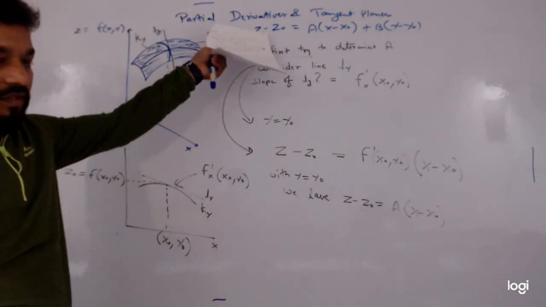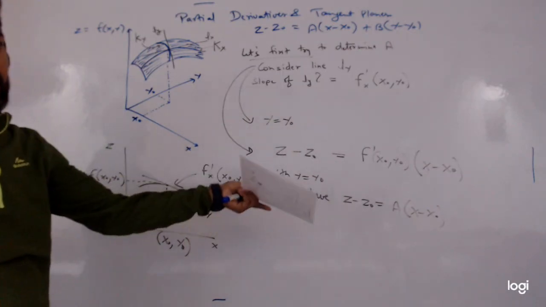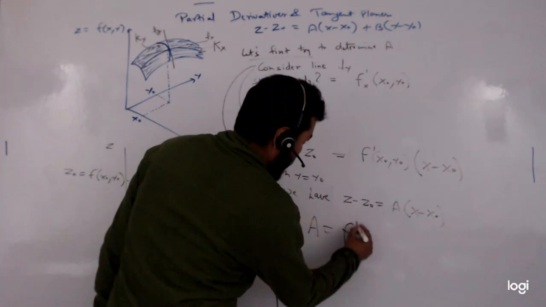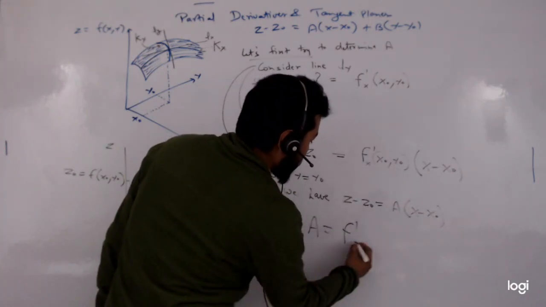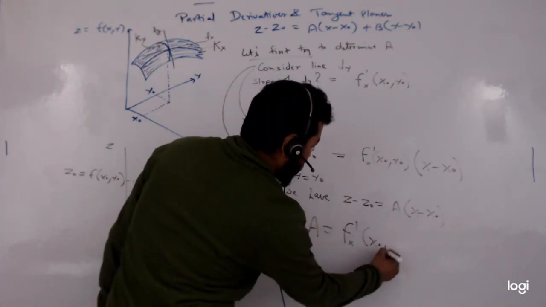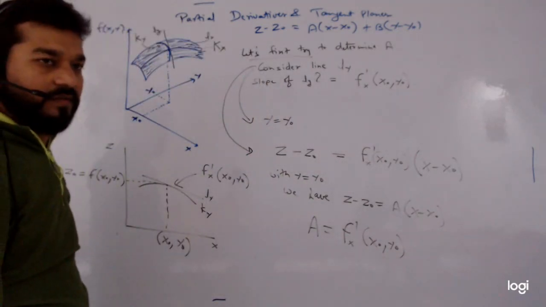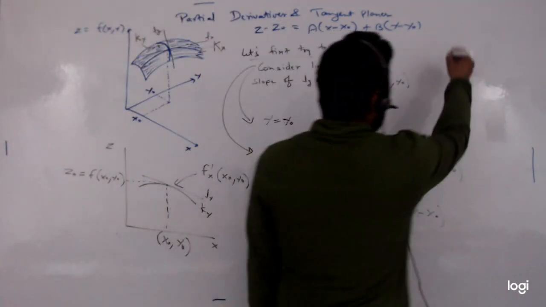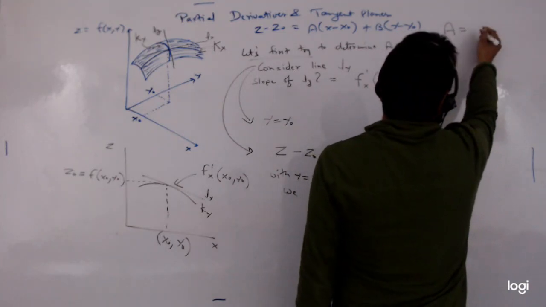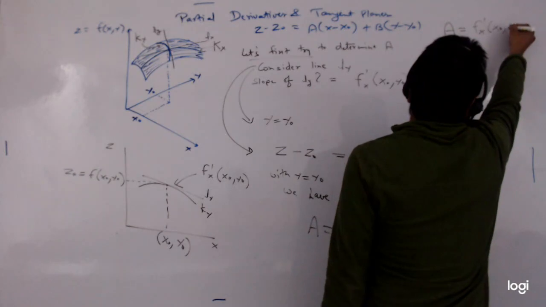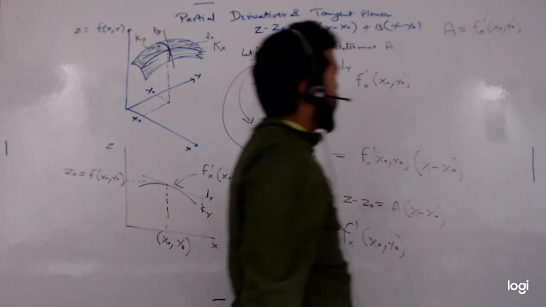From this, let's compare these two. We have our a. What's a? f prime of x naught y naught. So I've determined a. a is equal to f prime x naught y naught.